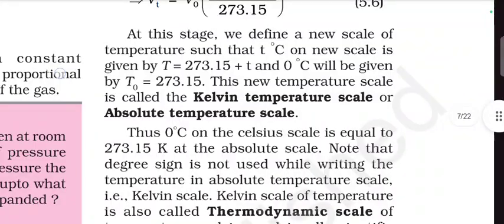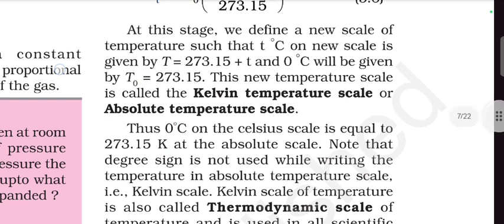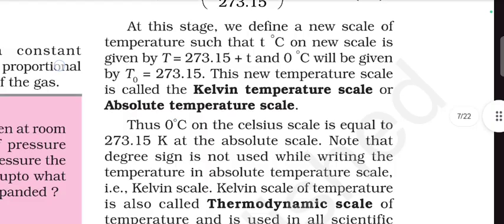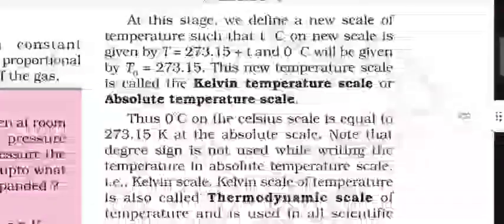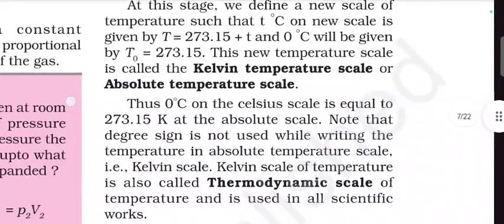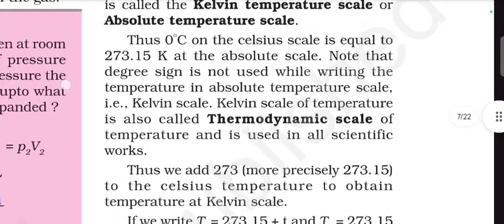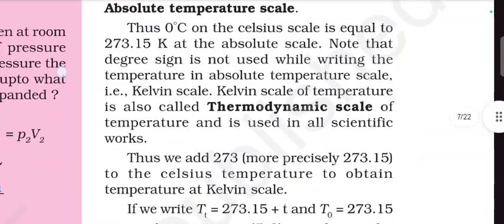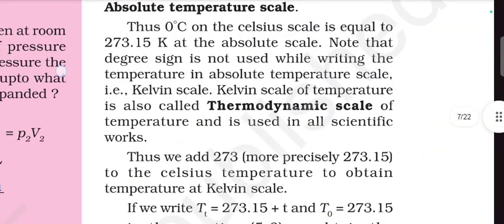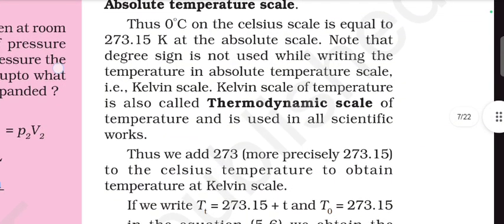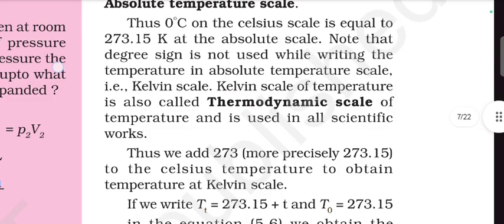At this stage, we define a new scale of temperature such that t degrees Celsius on the new scale is given by Tt = 273.15 + t, and 0 degrees Celsius will be given by T0 = 273.15. This new temperature scale is called the Kelvin temperature scale or absolute temperature scale. Thus, 0 degree Celsius on the Celsius scale is equal to 273.15 Kelvin on the absolute scale.